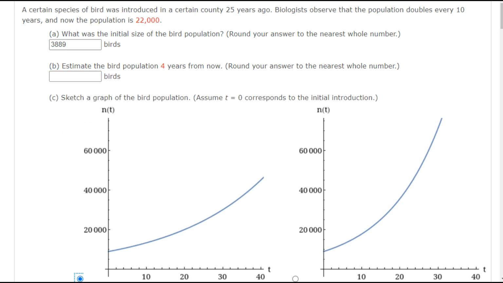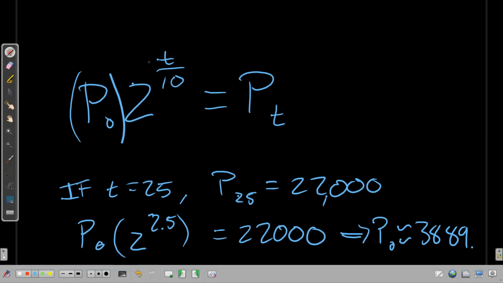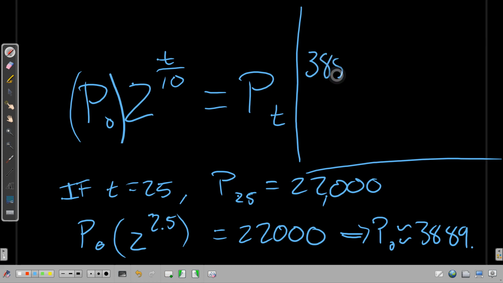If I estimate the bird population 4 years from now, then that would be when t is 29. So my model, now that I know what p0 is, being 3889 times 2 to the t over 10, well, if t is 29 and it's over 10, then you just have 2.9.